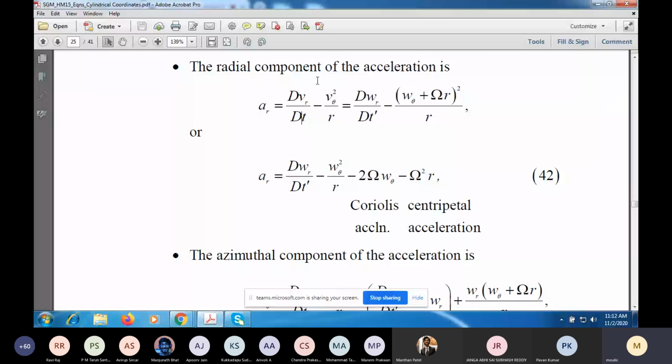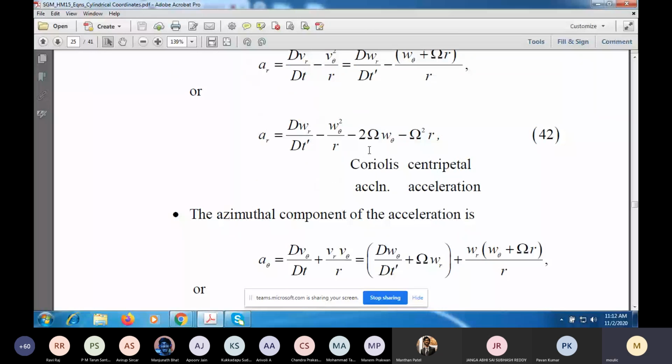Ar is d/dt of Vr minus this centripetal term, v theta squared by r. So instead of v theta, if I substitute w theta plus omega r and expand this, there will be three terms. First one is w theta squared by r. Next is minus 2 omega w theta, and you also have minus omega squared r. So you recognize the third term on the right hand side of equation 42 as the Coriolis acceleration, and the last term as the centripetal acceleration.